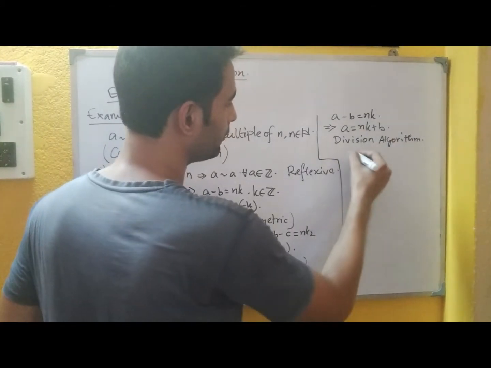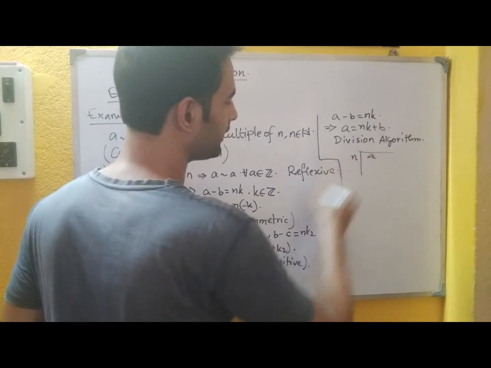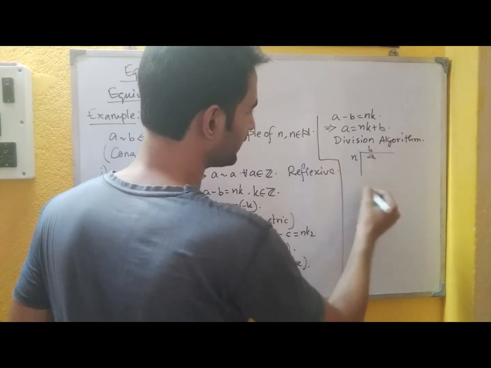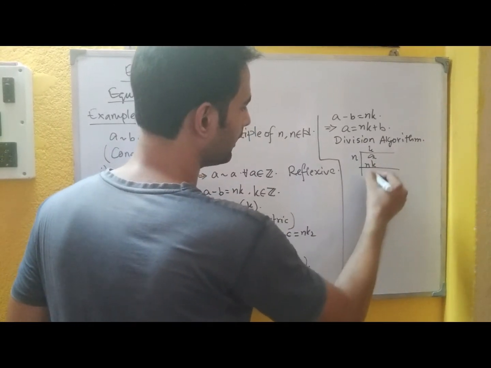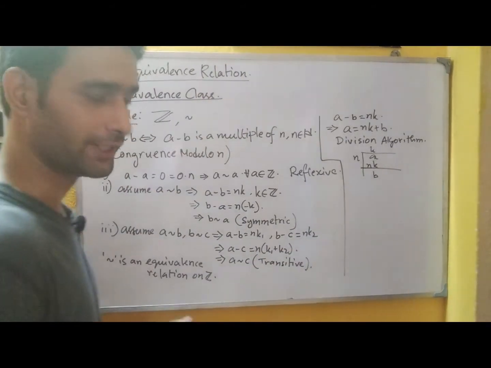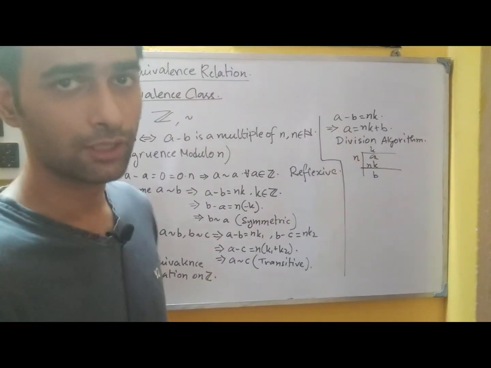That says if you are dividing a by some integer or positive integer n, we will get some quotient k, and here it should be nk, and some remainder b if the division is not complete. So then this equality comes.